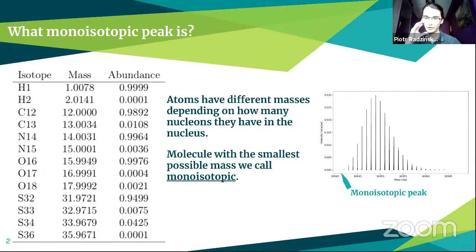In the real world, it's not so perfect. There is also a lot of noise, and even in this perfect plot, this monoisotopic peak is very small. It's the leftmost peak which can occur, and for not very small proteins, it's almost invisible.